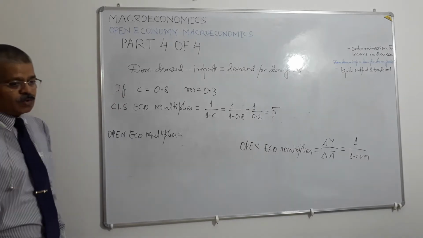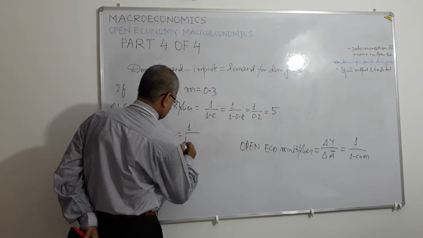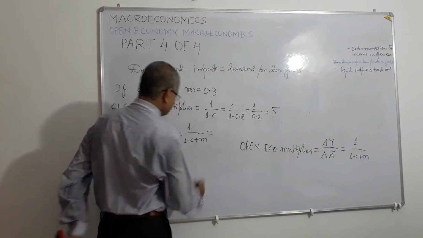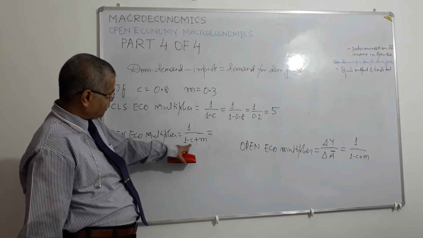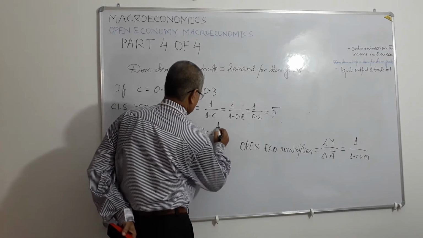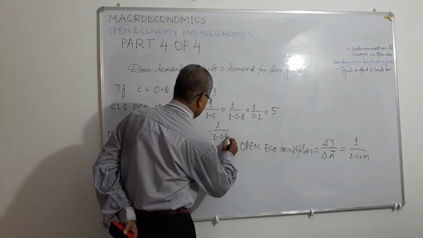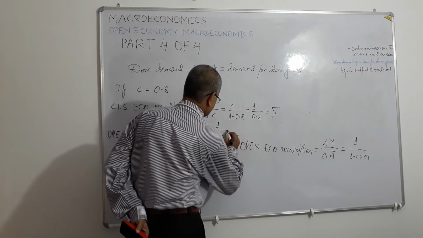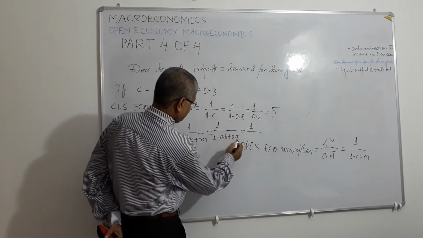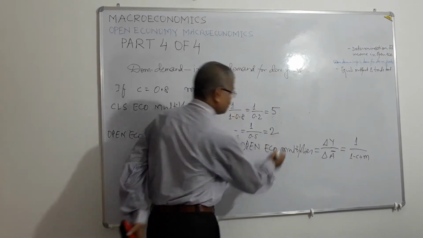It is equal to 1 upon 1 minus C plus M, meaning 1 upon 1 minus marginal propensity to consume plus marginal propensity to import. So it comes to 1 upon 1 minus 0.8 plus 0.3, is equal to 1 upon 1.3 minus 0.8, 0.5, is equal to 2.